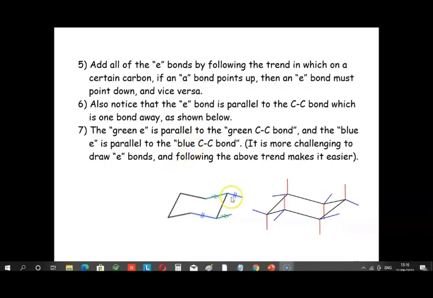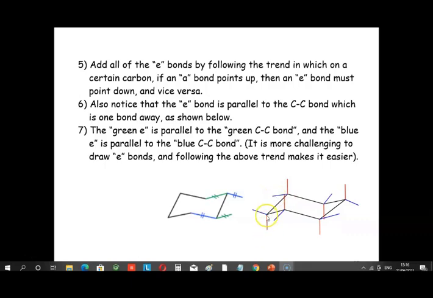Now we have to add all the equatorial bonds by following the trend in which, on a certain carbon, if an axial bond is pointing up, then the equatorial bond must point down and vice versa. If this is pointing up, this should point down.